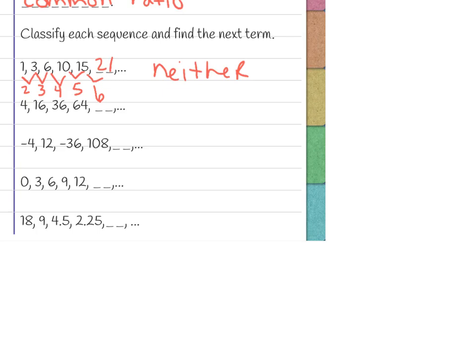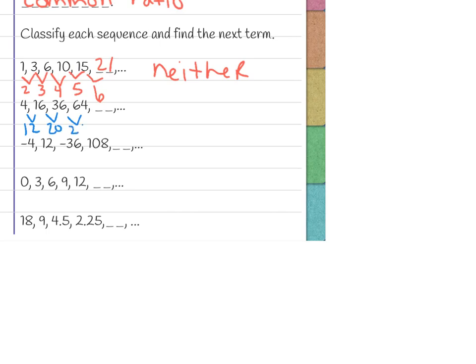Now, let's see if we can subtract them and find a common value. So what's 16 minus 4? Well, that would just be 12. And then what's 36 minus 16? Would that be 20? And then 64 minus 36?